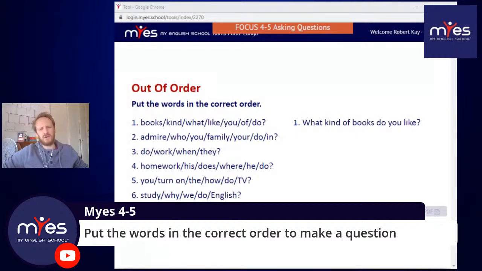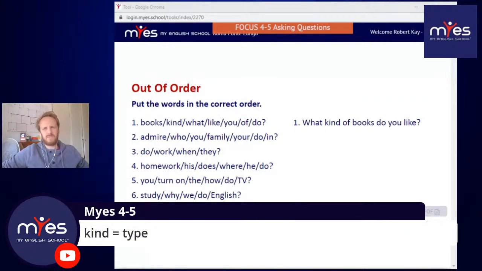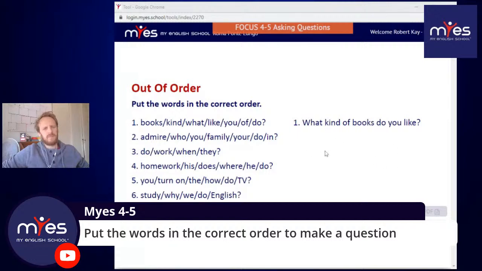So the answer is I like action books, or detective books, or historical books, or fiction books. So what type of books do you like? What kind of books? This would be our sort of question word.